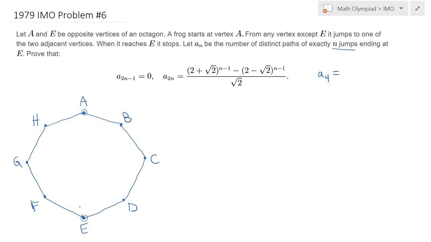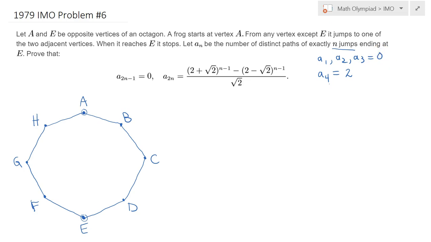So we have really two paths leading to point E starting from point A in just 4 steps, right? So we have really 2 paths. Indeed, anything less than that is impossible, right? So A1, A2, A3 is indeed 0.